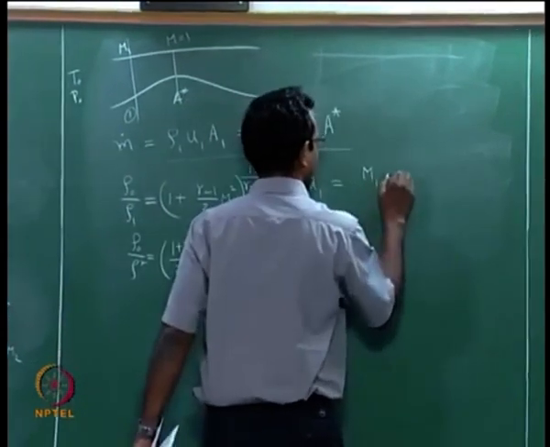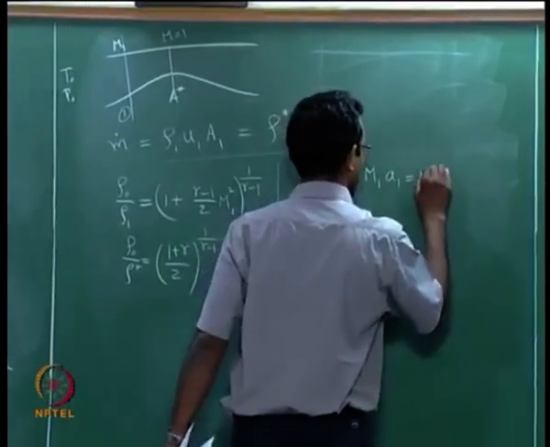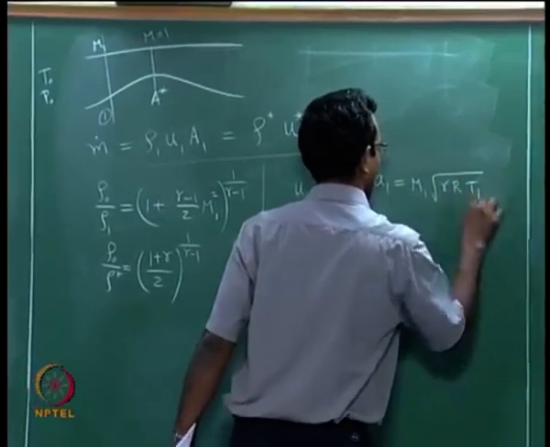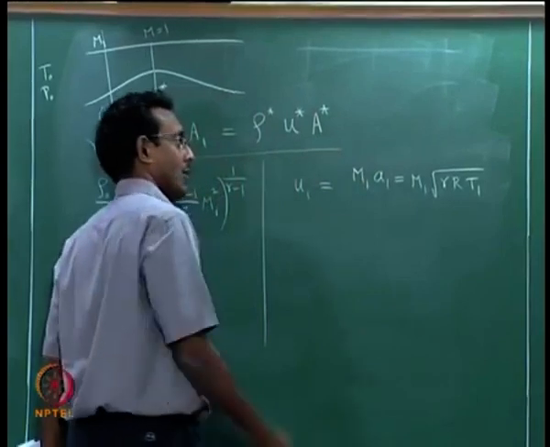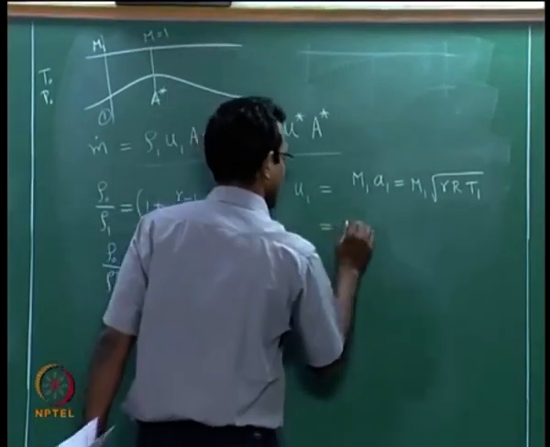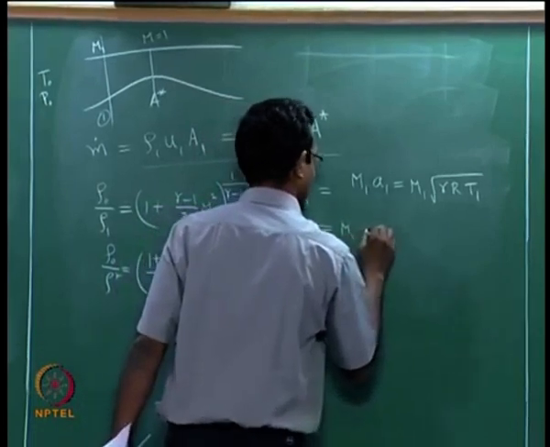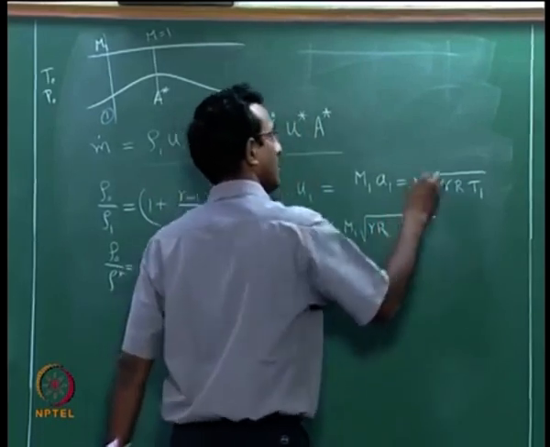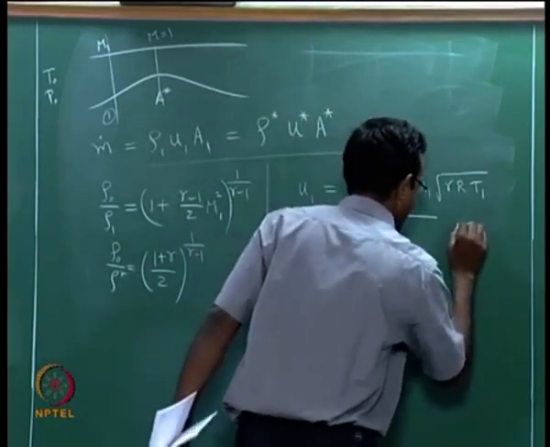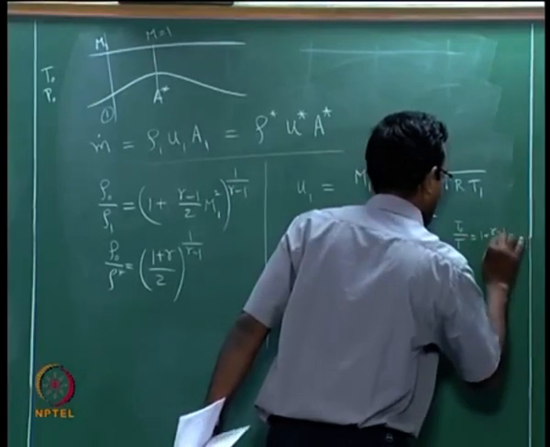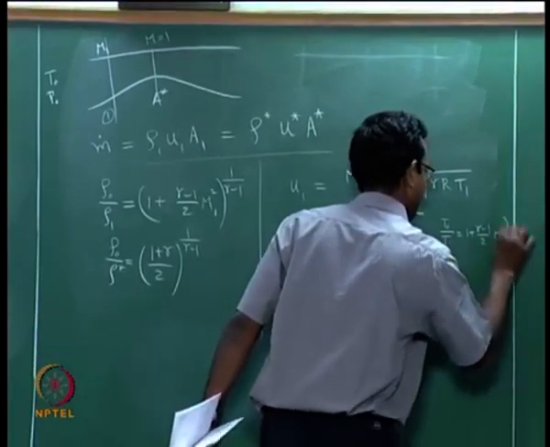So it will be m1 times a1, which is written as m1 square root of gamma r t1. Now I still have to write t1 in terms of Mach number. I will go and write a separate expression here, t naught by t equal to 1 plus gamma minus 1 by 2 m square.